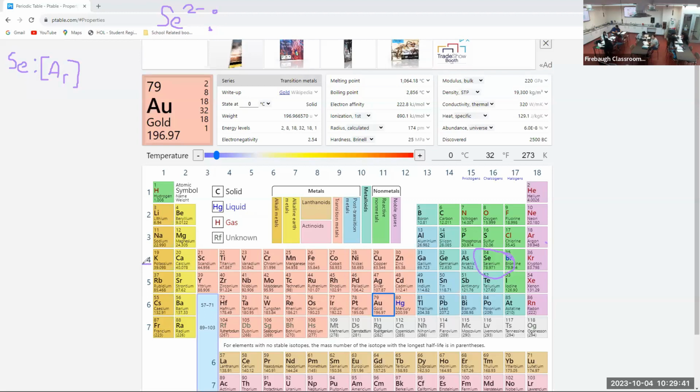What will be next after argon? 4s2. Okay, and then 3d10. And then 4p what? 4p4.